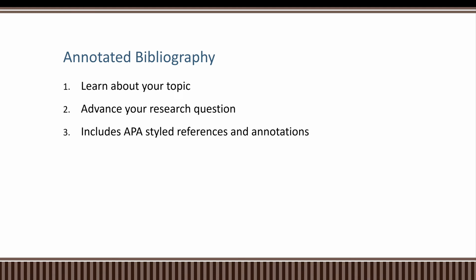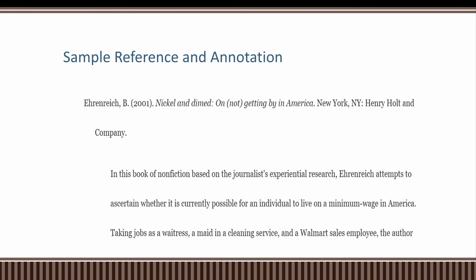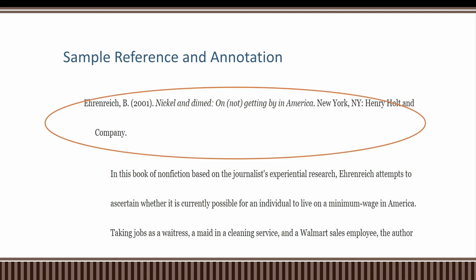The annotated bibliography includes both your APA-style reference as well as an annotation, a description and explanation about the particular reference. So it contains two parts. Each reference in your annotated bibliography contains two parts: the APA-styled reference and an annotation.